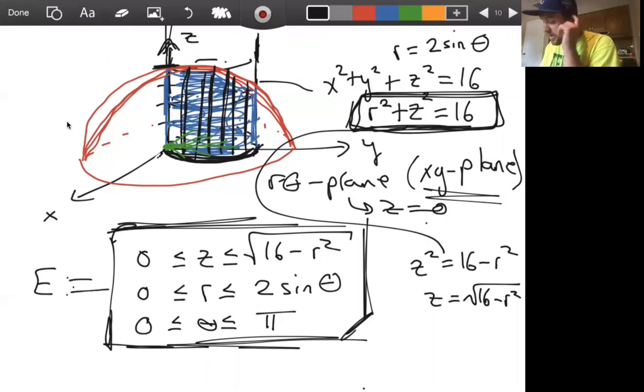Right? And the last thing we need to do is set up the integral. And when we set up the integral, remember, we have to set this integral up in an order such that a variable with bounds that depend on another function or another variable, those must come after, right?